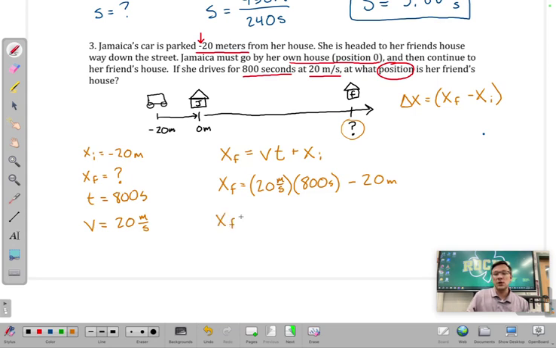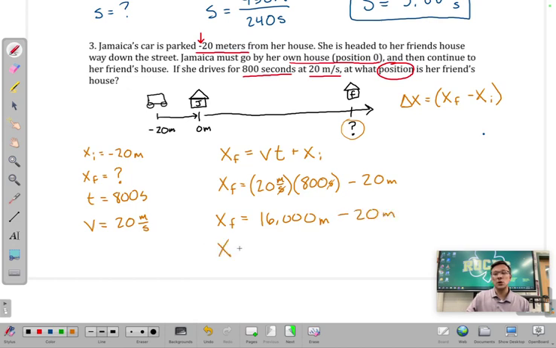So I'm going to break this down into one extra step here, but 20 times 800 is going to be 16,000. And if we're looking at units, you don't have to put your units in while you're showing your work, but you can see that this second is going to cancel with this one here. And so that's going to be 16,000 meters, and then we still have this minus 20 meters here.